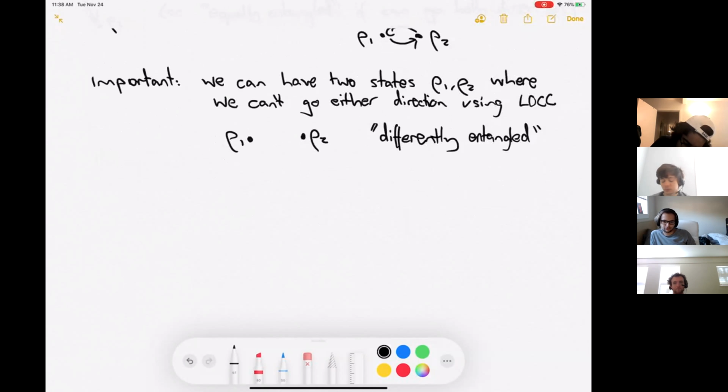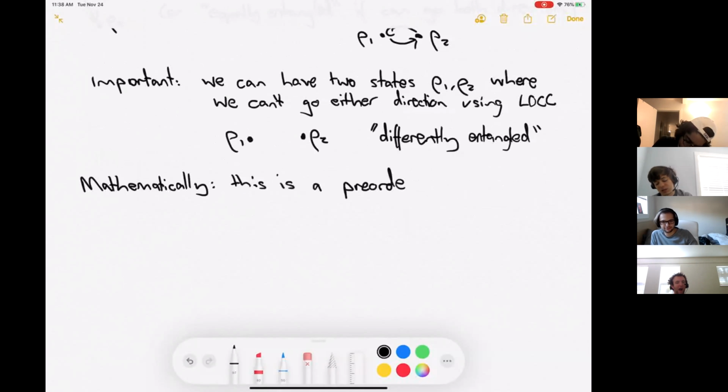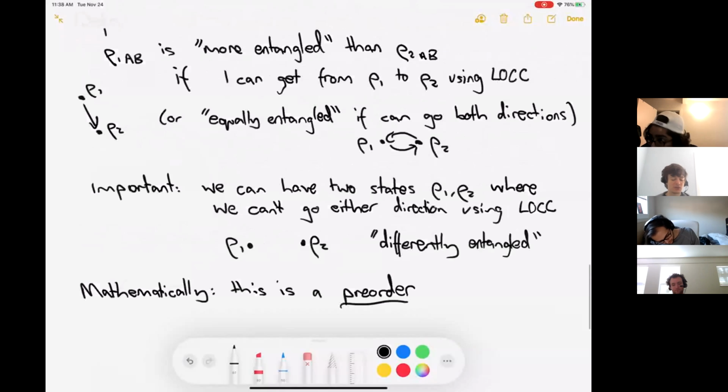Okay. So mathematically, the structure we get from this definition is something called a pre-order. Depending on how many maths classes you've taken, this may or may not be familiar to you, but it basically just means a relation between any two elements of a set.